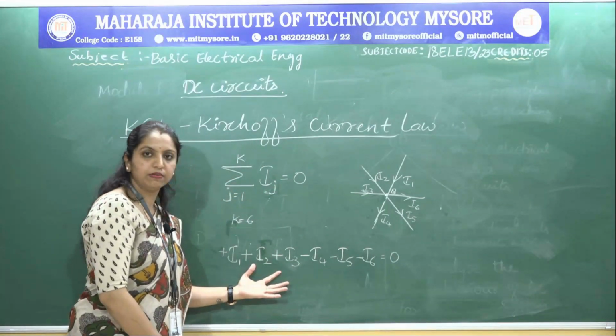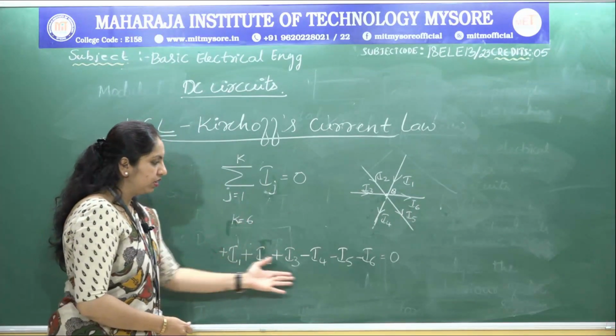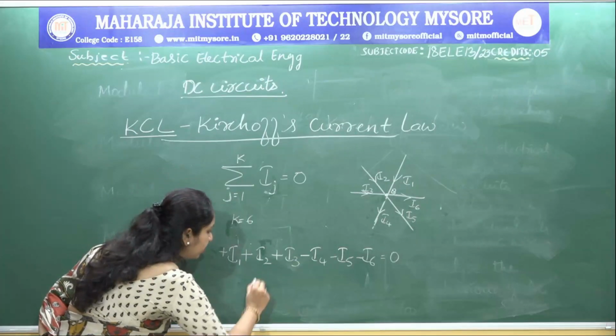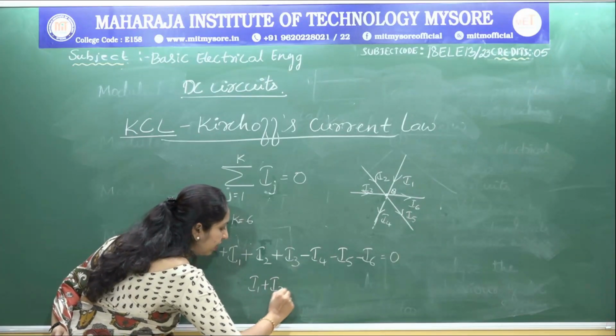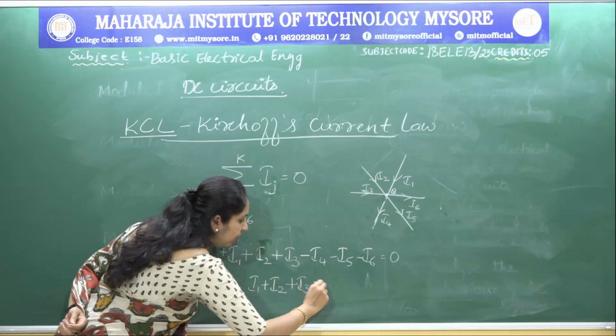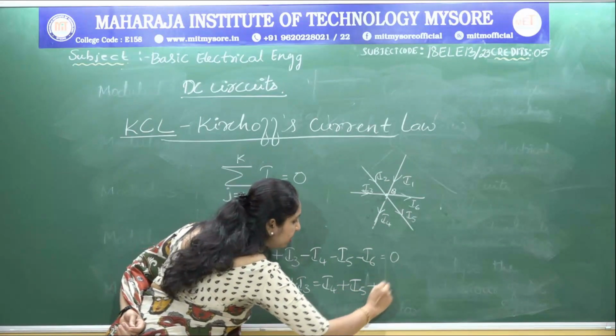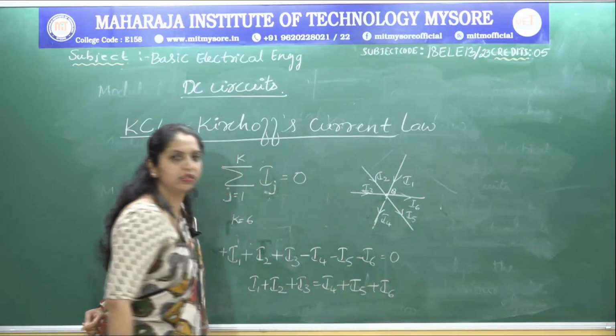This is how we have expanded this expression. With this I can write one more equation, rewriting it as I1 plus I2 plus I3 is equal to I4 plus I5 plus I6.